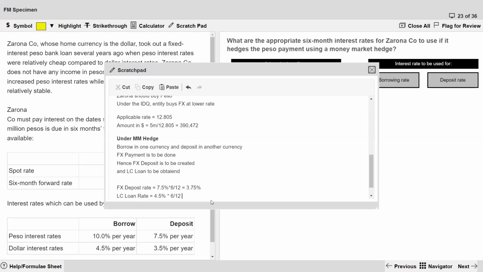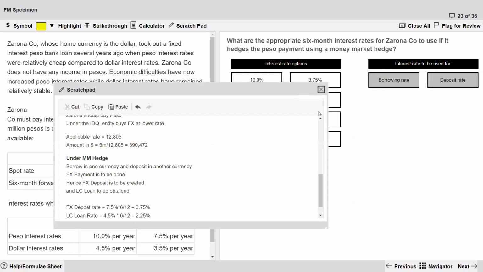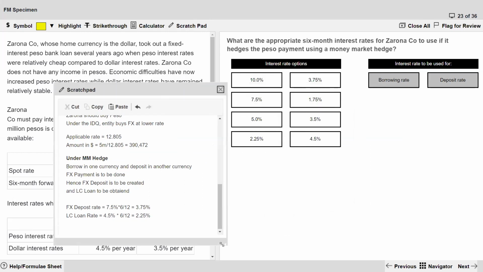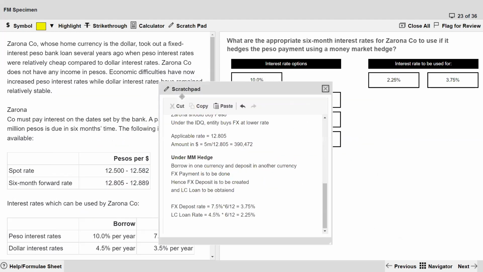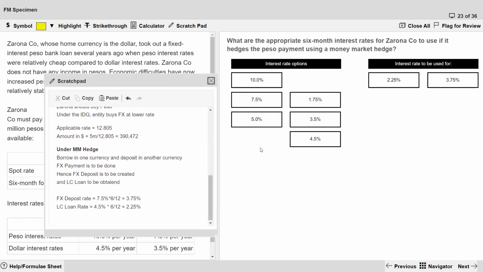Multiply 6 divided by 12 gives you 2.25%. Do you understand this?